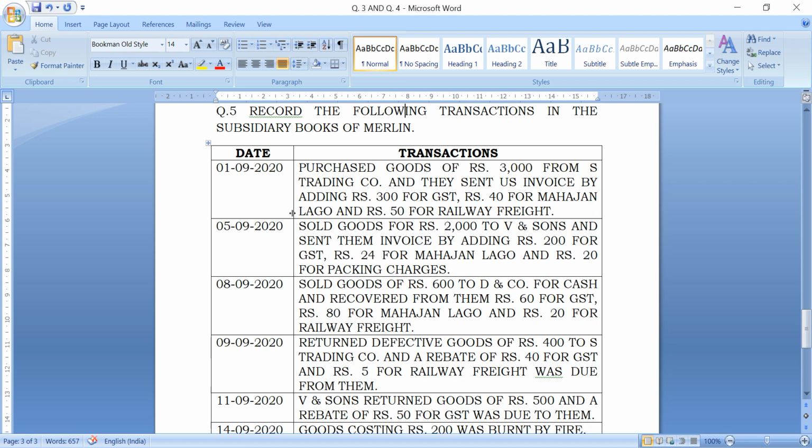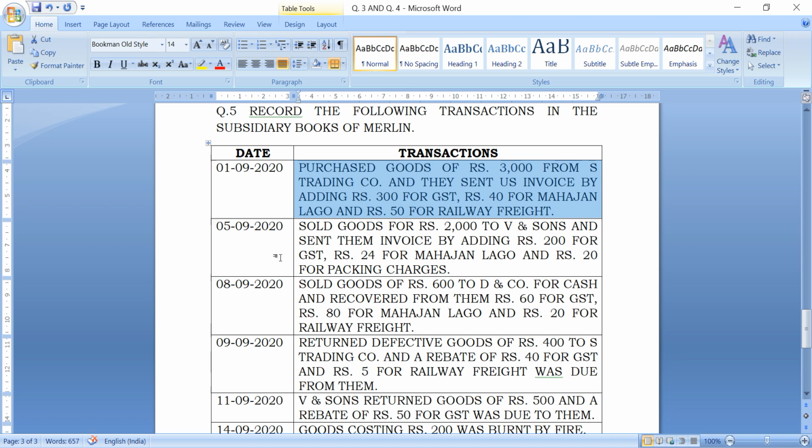In a run time you will go on writing the transactions date wise. Now should we start? Refer the first transaction dated 1st of September 2020.